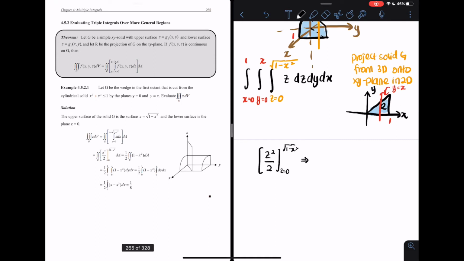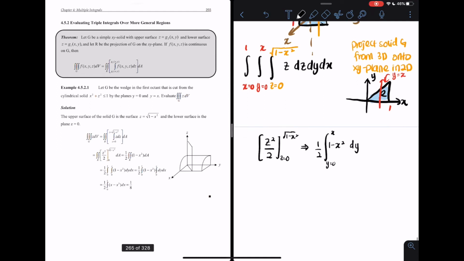From here I will get 1 over 2 times 1 minus x squared, and then I will integrate from y equal to 0 until x with respect to y, and then I will get y minus y x squared. Then I evaluate from y is equal to 0 till x.